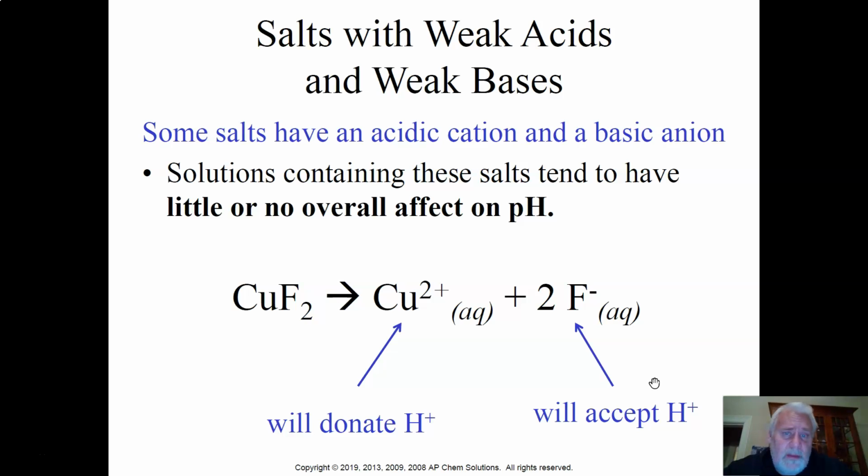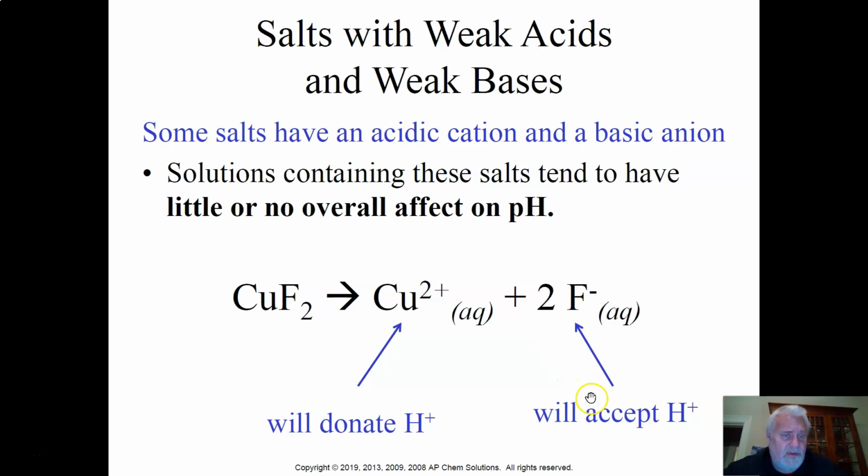So here's an example of a salt that would have an acidic cation and a basic anion. This can go to form copper +1, donating a hydrogen as it changes and goes down in oxidation number and can get reduced.